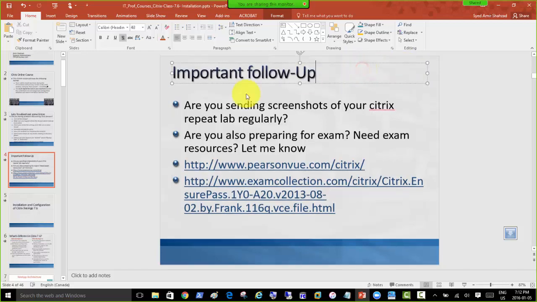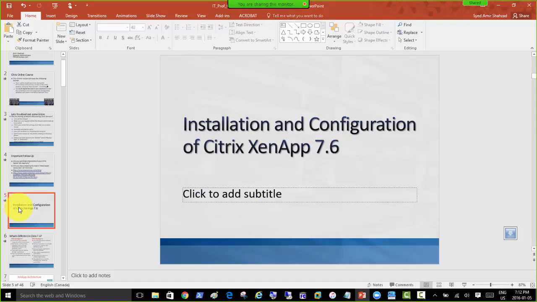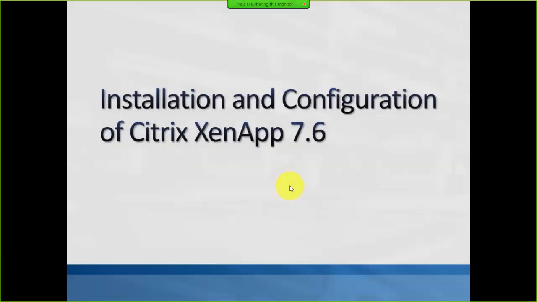Okay, so let's go for the next one: the installation and configuration of Citrix XenApp 7.6. There is a lot of difference, and even the terminology has changed, and it has gotten much more interesting.